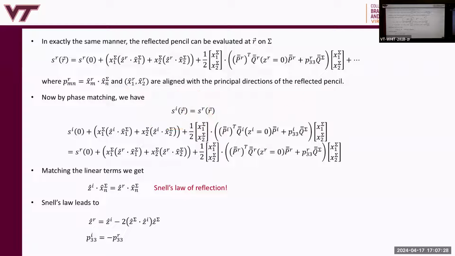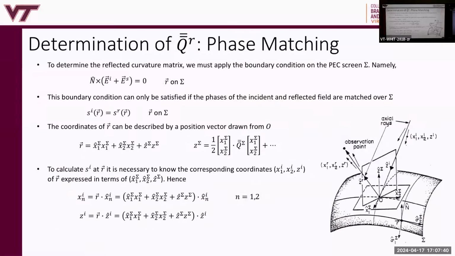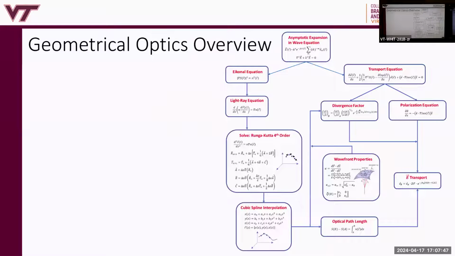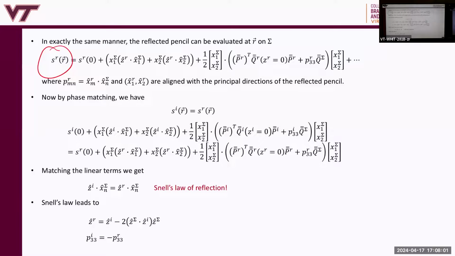But now we have both the reflected and the incident pencil in terms of these coordinates, the coordinates of the point R on sigma. So we have the incident, and we have the reflected pencil as well, right?